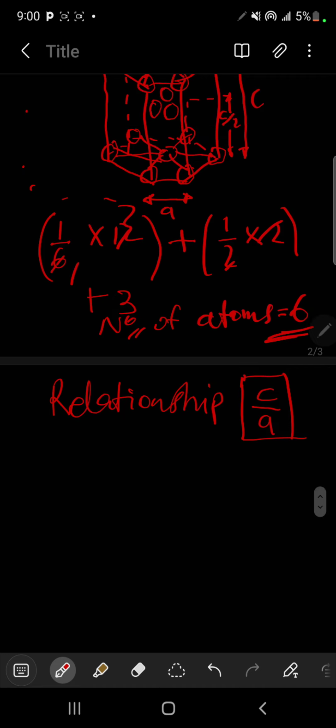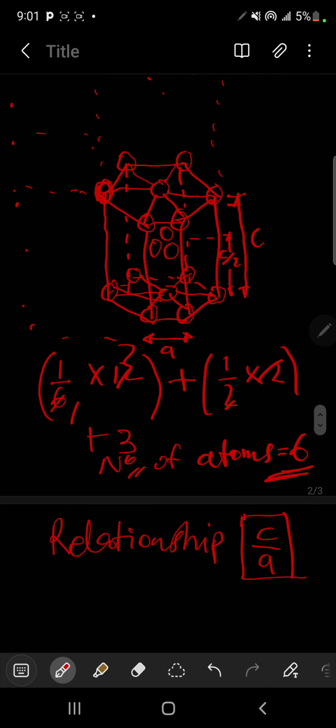We normally denote this by C to A. So that is what we need to do next. But how can we obtain a relationship for C to A? Still, we need to go back to this thing we had drawn here. So maybe we can slice out a portion, this section here.